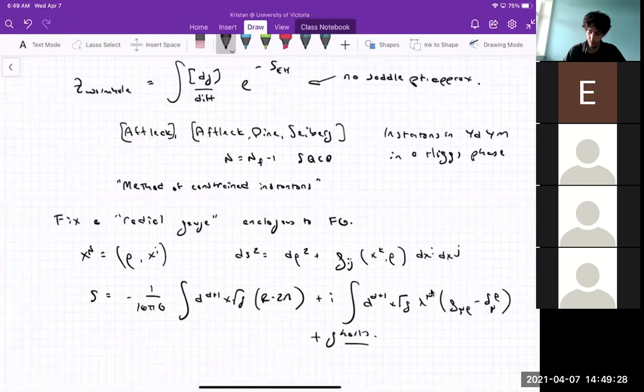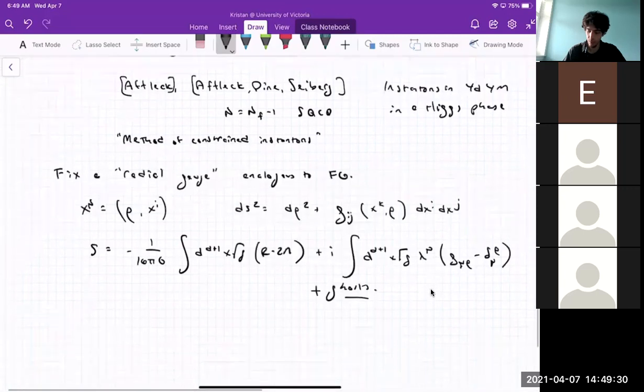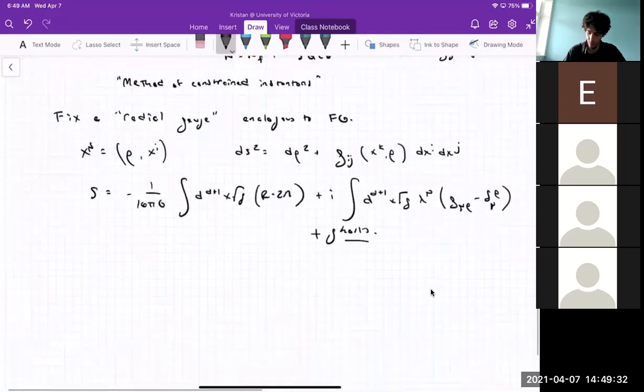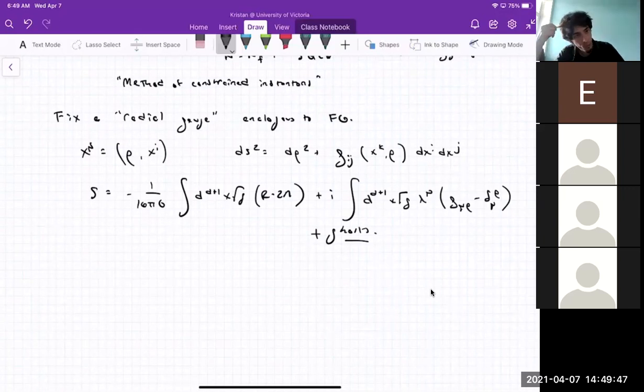And the thing is that, well, if we integrated out the auxiliary fields and we enforce the gauge fixing condition, then we're no longer free to vary those components of the metric in the gauge fixed theory. We're no longer free to vary the components of the metric that are fixed by the gauge choice.